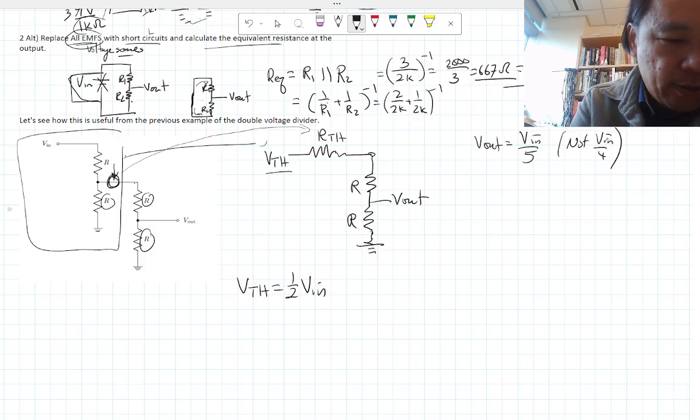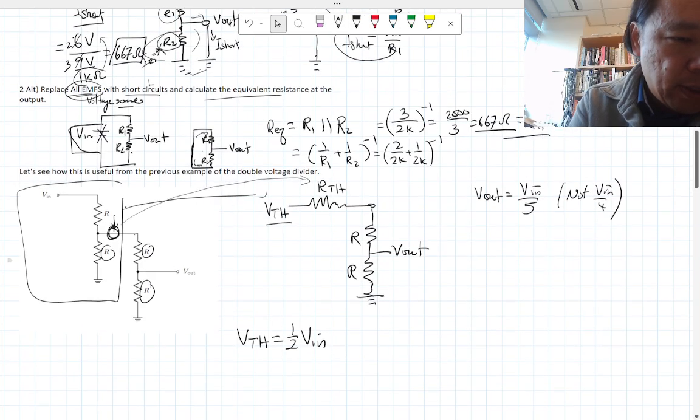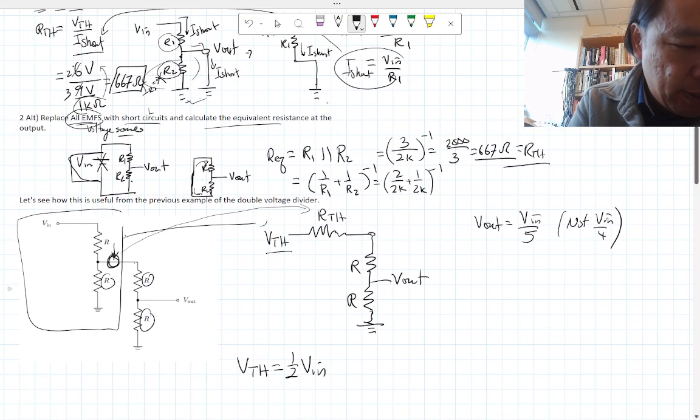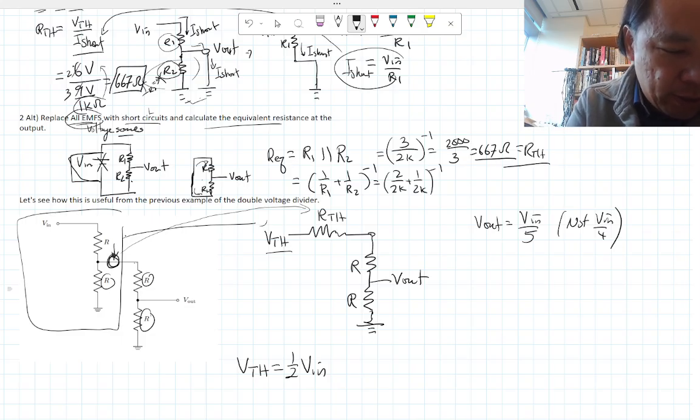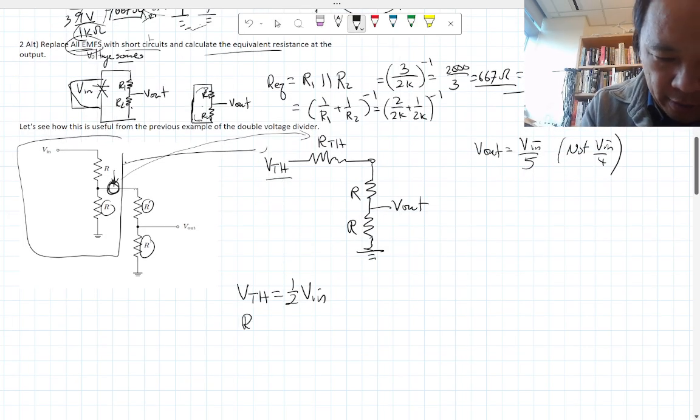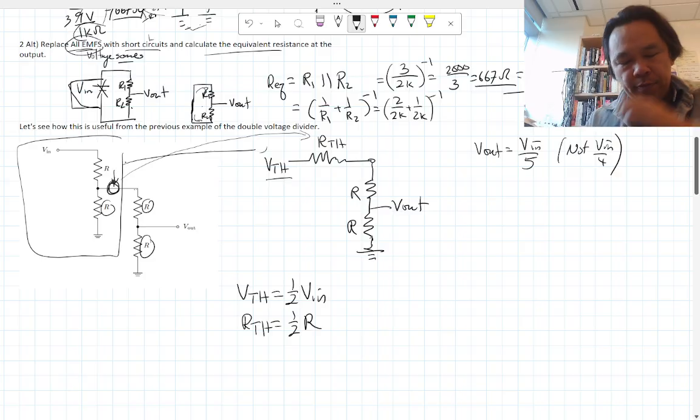For R Thevenin, you can either do the short circuit trick, or replace all the EMFs with shorts and make the resistors in parallel. R Thevenin in this case is going to be 1/2 R.